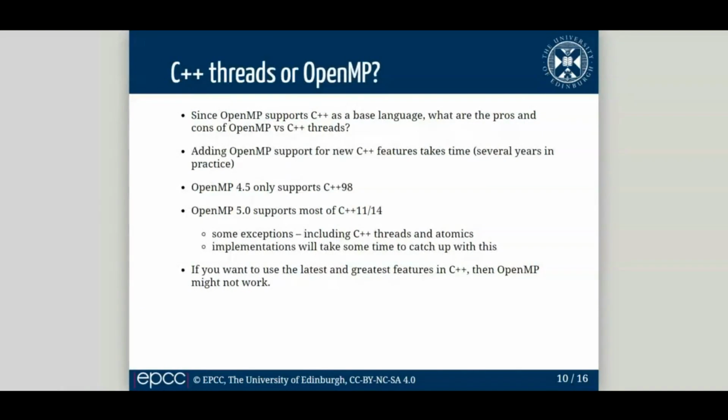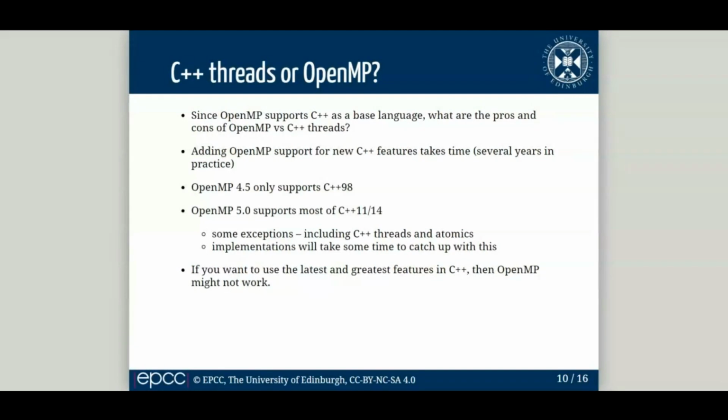Okay, so the question: C++ threads or OpenMP, pros and cons. The thing is, with C++ there are a lot of standards: C++11, 14, 17, 20, 23. It looks like every three years there is a new standard.